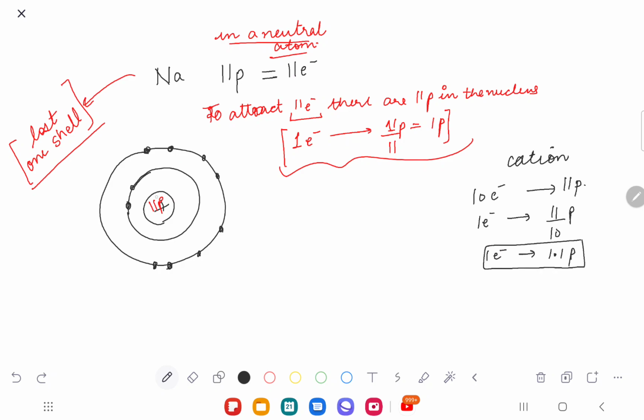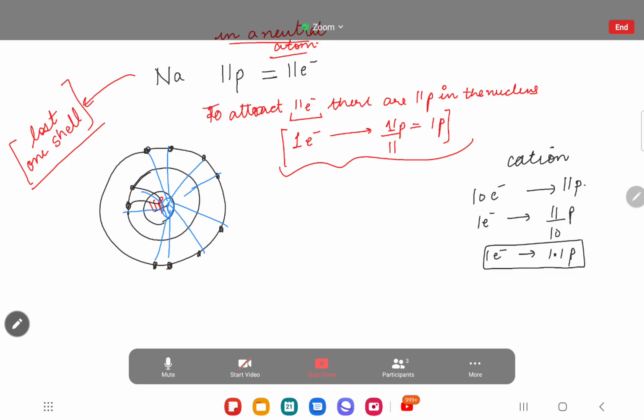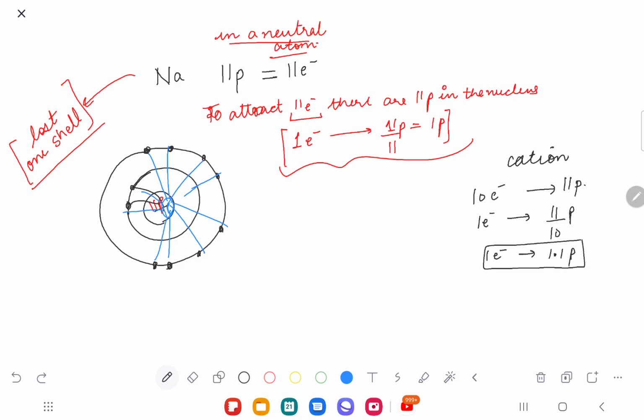Because for every one electron there is one proton, but that one extra proton left in the nucleus will divide its force on the remaining electrons with some amount of force. So 1/10th force it provides to the remaining electrons. So the decrease in the size of the atom.